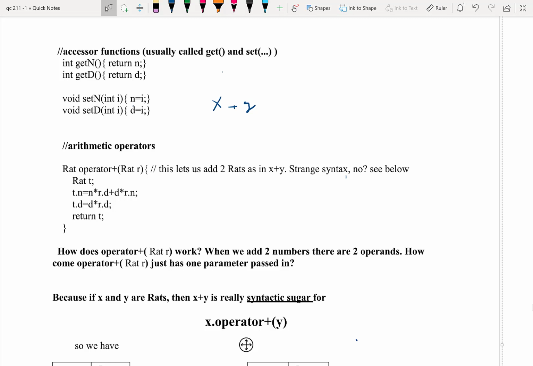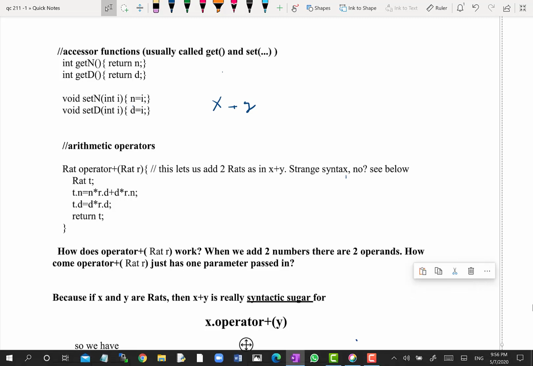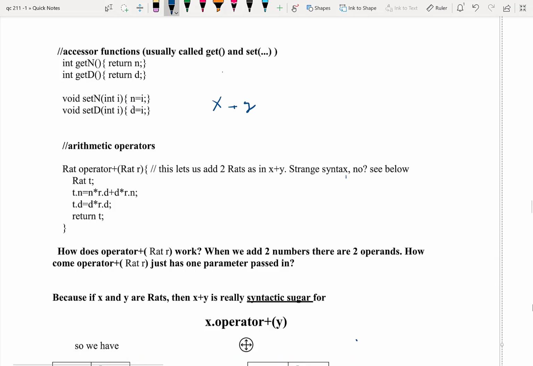C++ provides a number of built-in function names. For plus, it's called operator plus. That's really the name of the operator. There's also an operator minus, an operator times, an operator divide, an operator bracket, an operator paren, and so on and so forth.